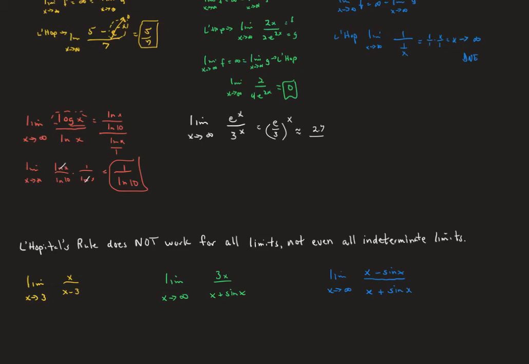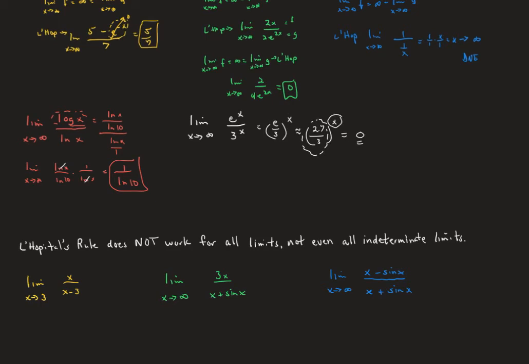That is, it's smaller than 3. Now, if you take a number that is less than 1, which is what 2.7 over 3 would be, every time you multiply it by itself, it gets a little bit smaller. And so this, as we let x go to infinity, is going to get smaller and smaller and smaller and approach 0.